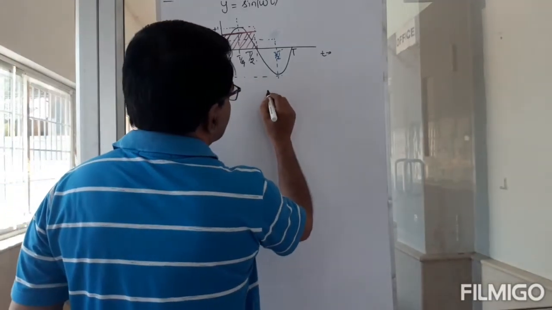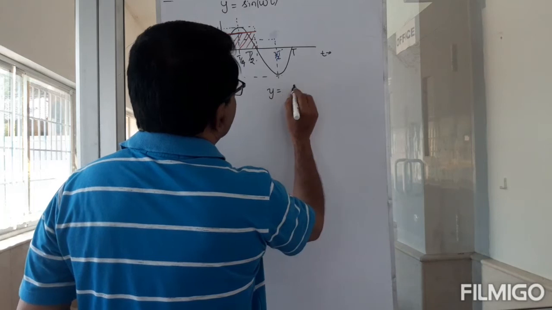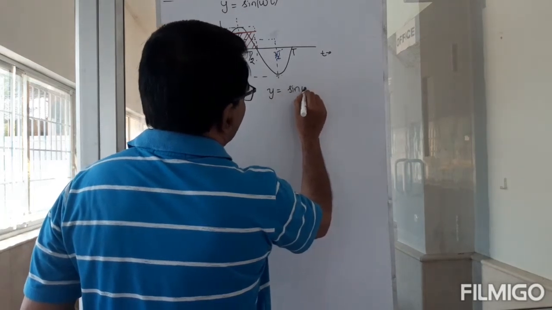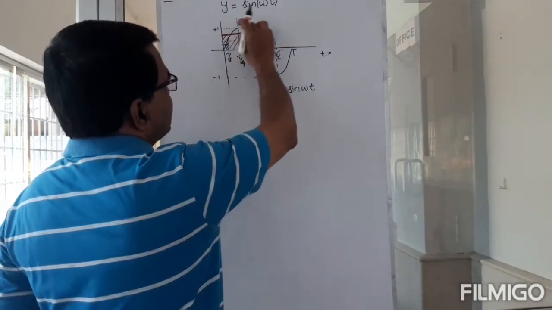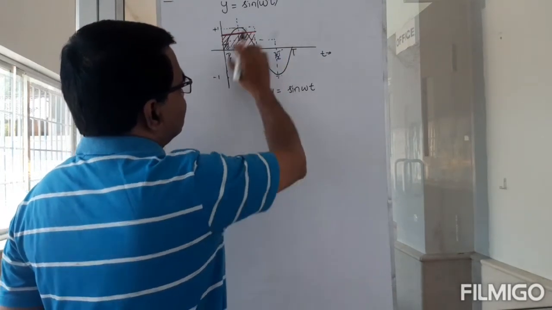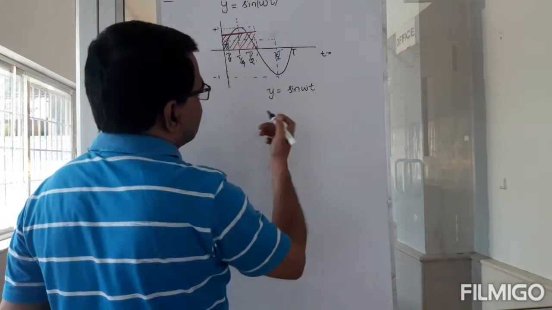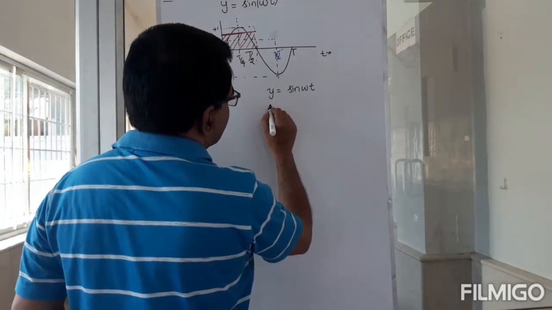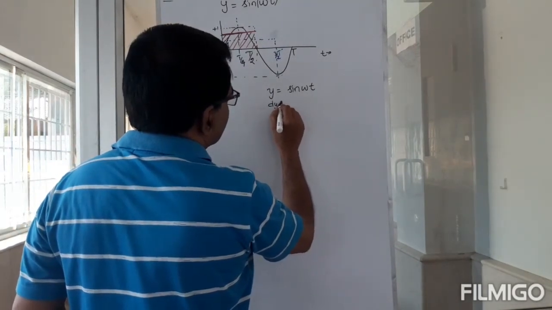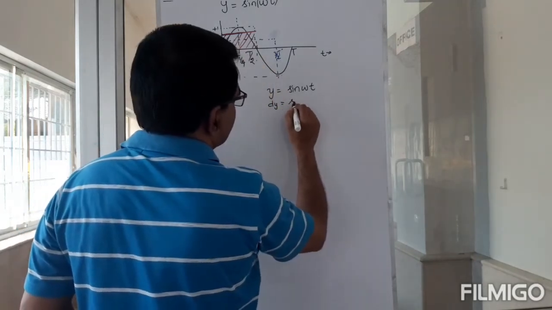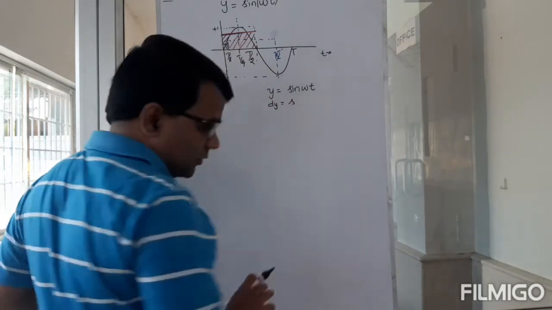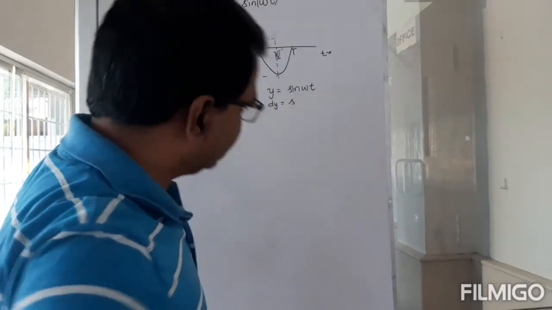So y is equal to sine omega t. That's a function. Then what's the area? Any dA, I should say.